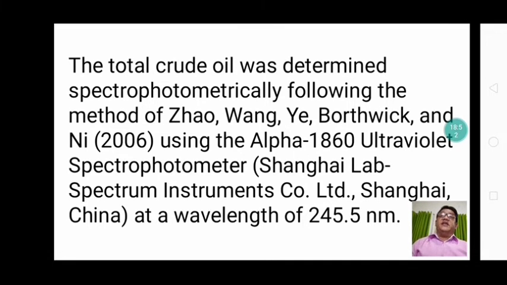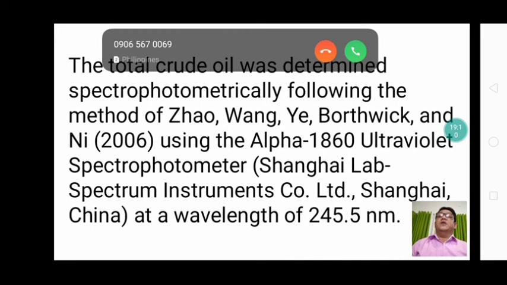Oils and oil products have certain characteristic absorbance in the UV range, where heavy oil corresponds to an absorbance wavelength of 250 to 260 nanometers, whereas clean oil corresponds to absorbance at 215 to 230 nanometers.